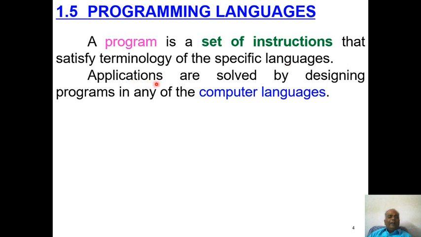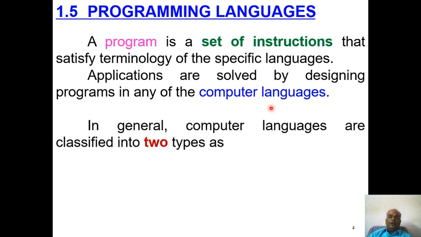Here, applications are solved by designing programs in any of the computer languages. So these computer languages are used to solve specific applications. If you want to execute some programs, all these programs can be executed by using some computer languages.